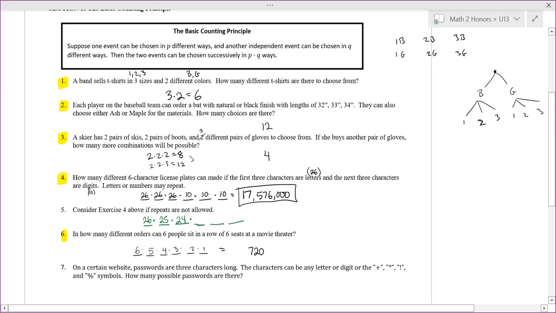Then I want to pick a digit. There are 10 digits, 0 through 9 available. I pick 1, I can't repeat, so now there's 9 digits available, and then 8 digits available. And you just multiply these numbers together using a calculator, and you get 11,232,000 as an answer.